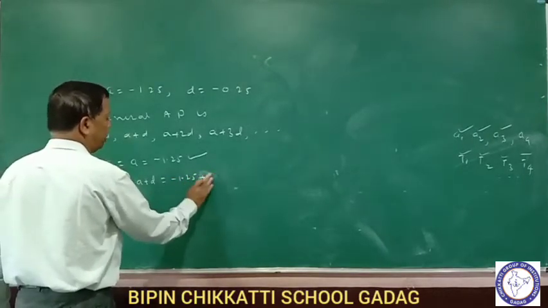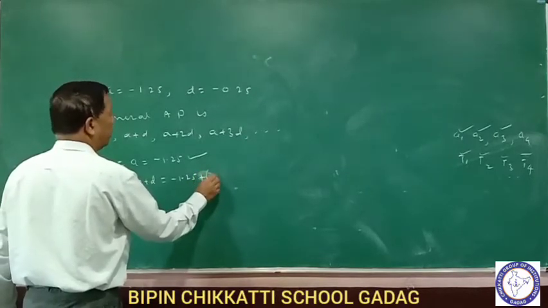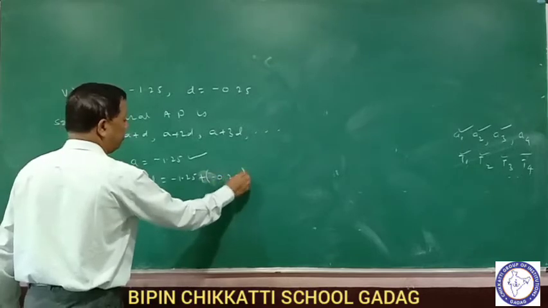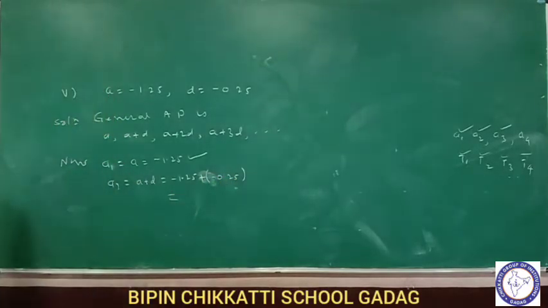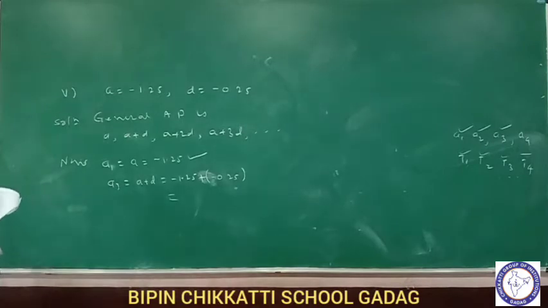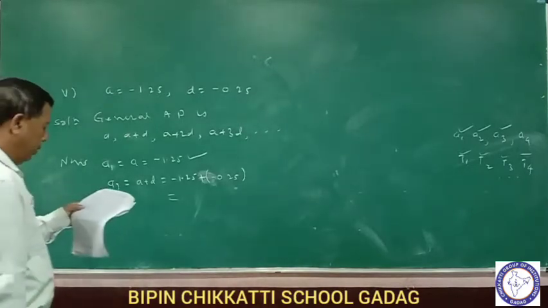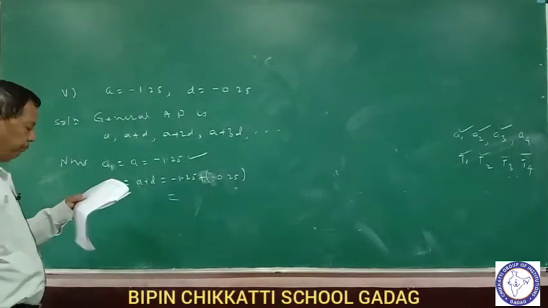We have to add minus 1.25 and minus 0.25, and you can see what the result is here.